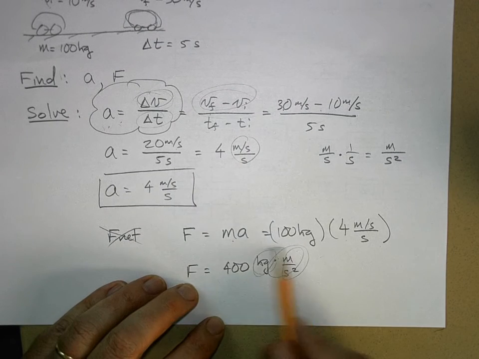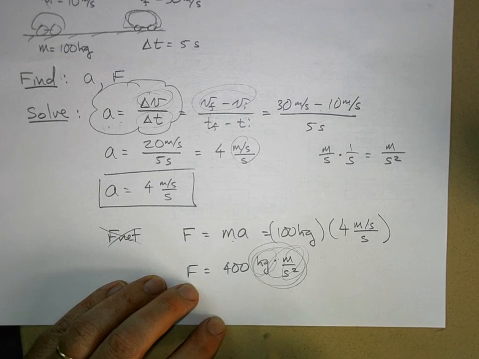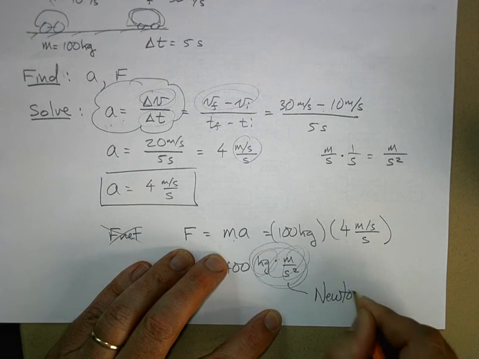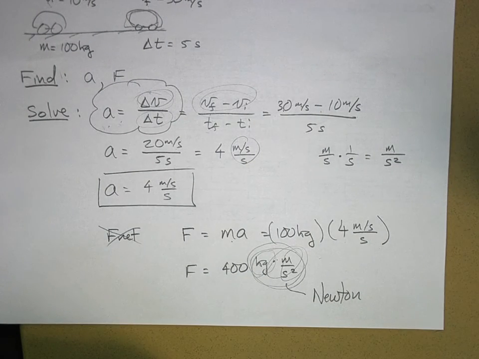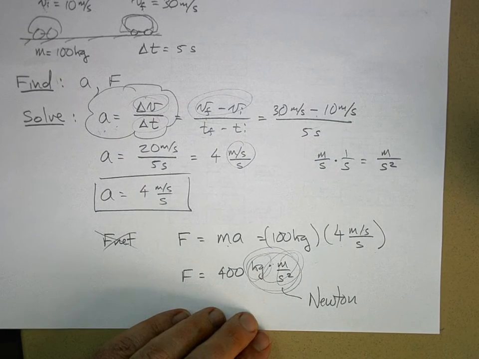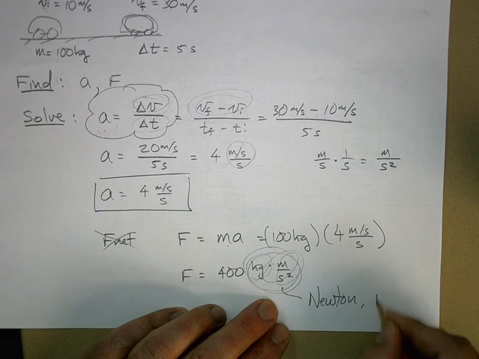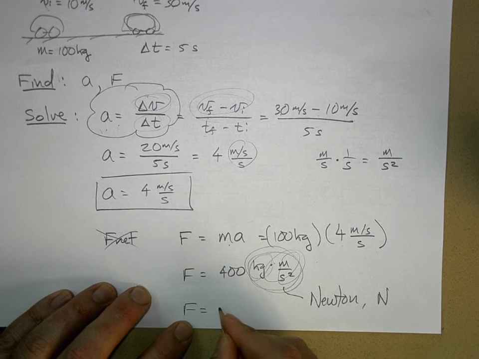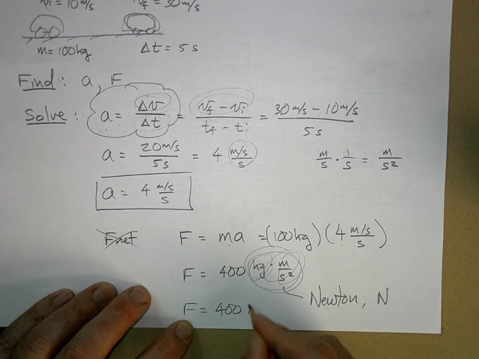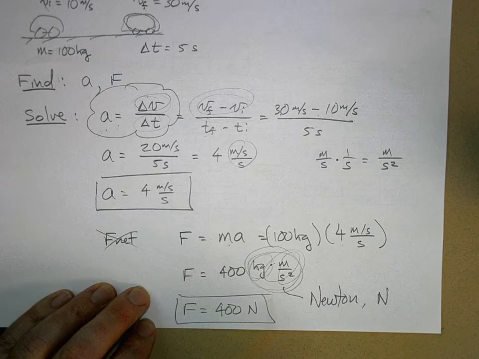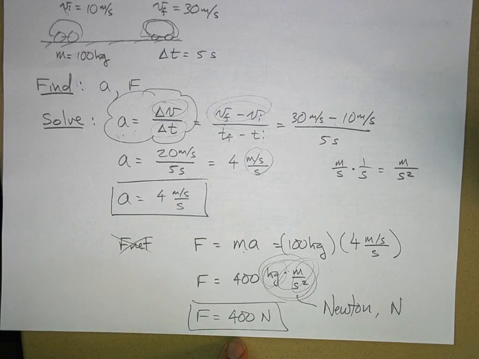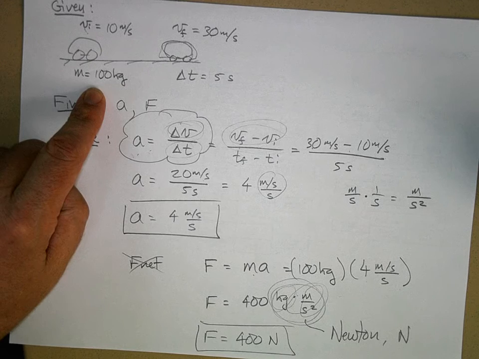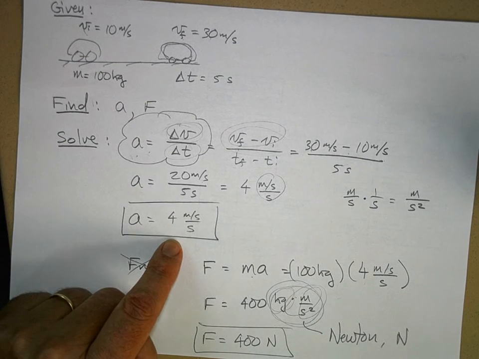We combine all those units into something called a Newton, named after Sir Isaac himself. And we abbreviate it with a capital N. So this is 400 newtons. That's my answer. It took 400 newtons to make a 100 kilogram car accelerate at 4 meters per second every second.